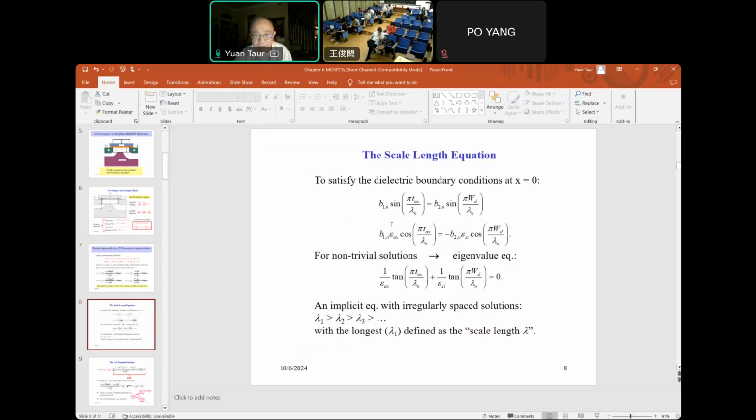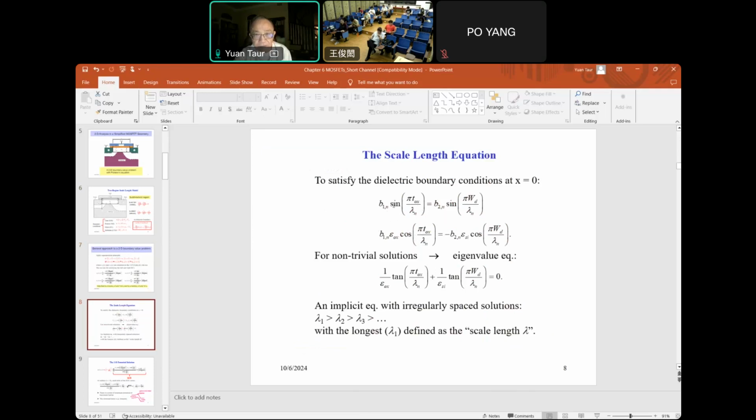That's the displacement, the permittivity epsilon times the field. The sine becomes cosine because of the derivative to get the field.